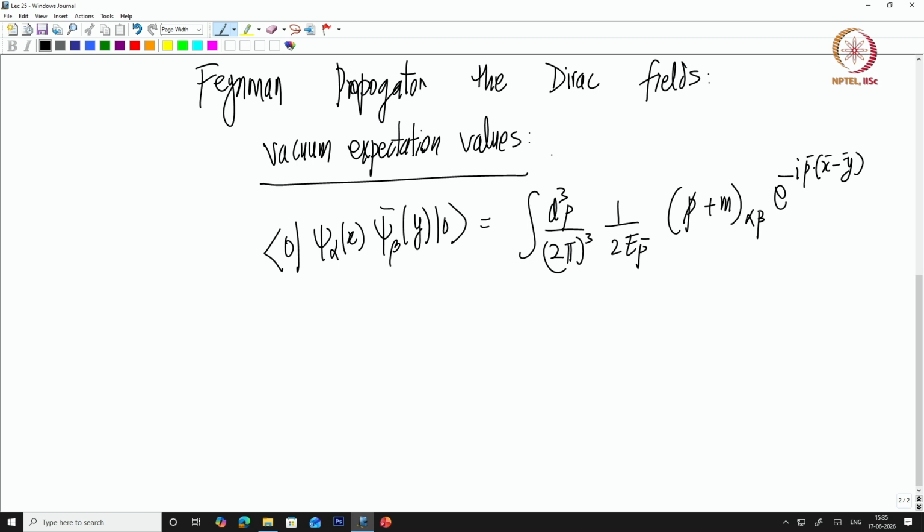So (p slash plus m) alpha beta comes from, as we have seen, taking the u u bar outer products, and so this is what it gives you.